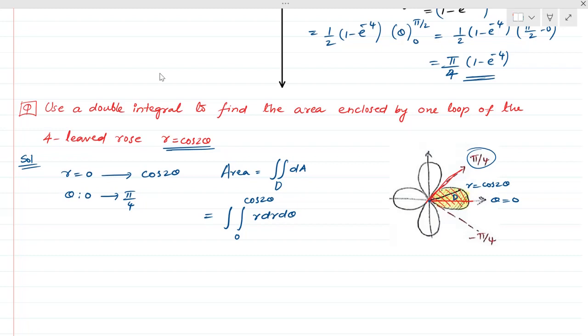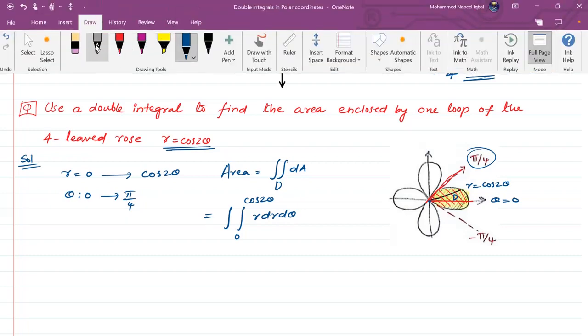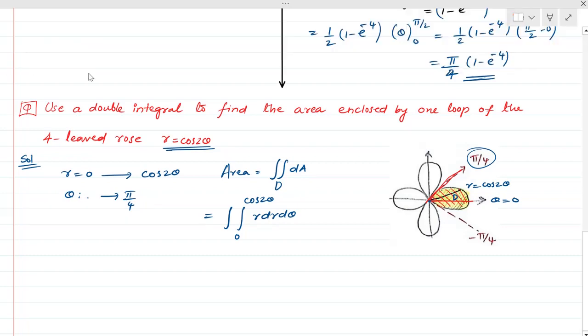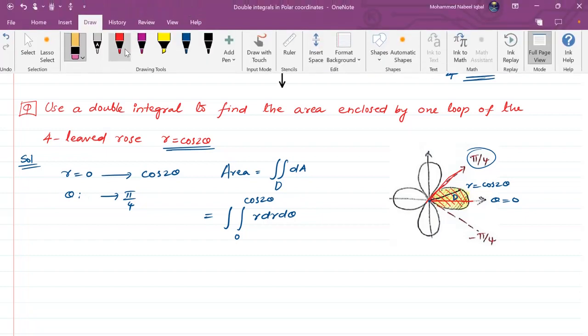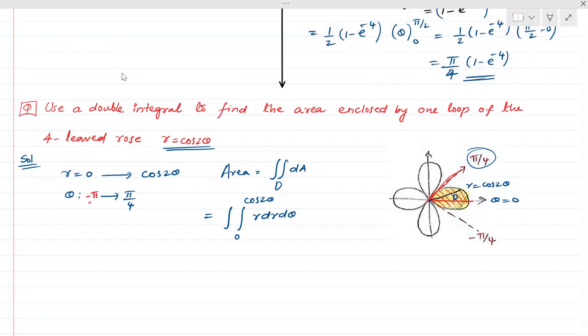Since it is symmetric, there are two methods you can use here. Either you can take the limit as minus pi over 4 to plus pi over 4, and you will get the same answer. Or you can do it the other way.